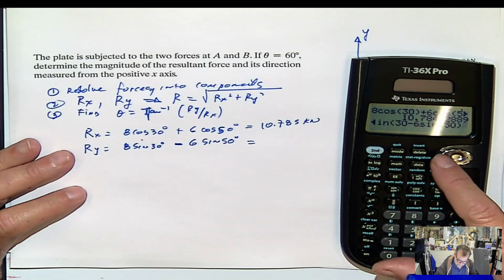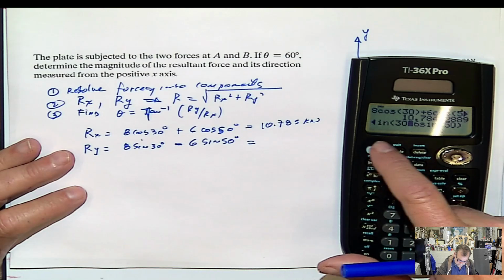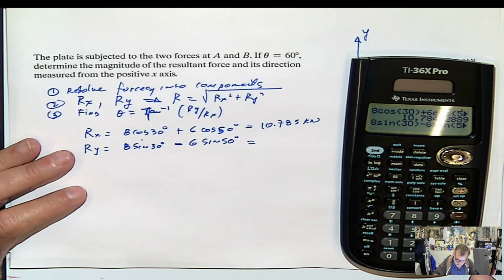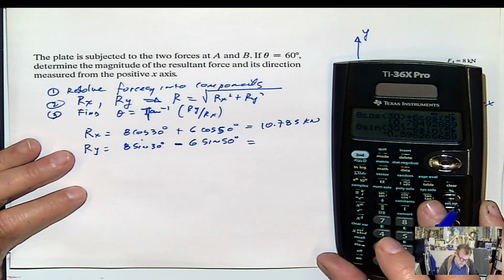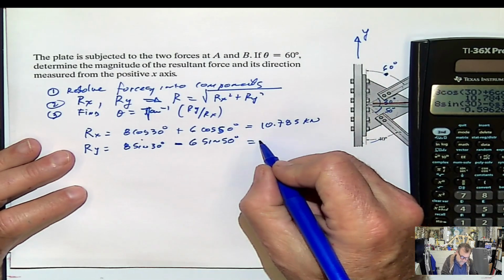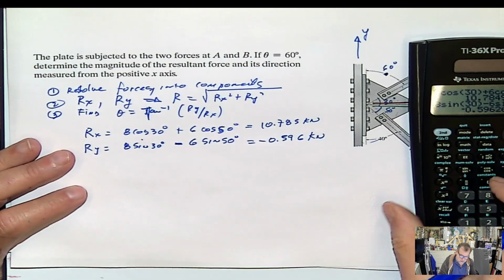Oh, you see, this is gonna cause an error because I didn't close that. Insert, close. There you go. Negative 0.596 kilonewtons. What does that mean?